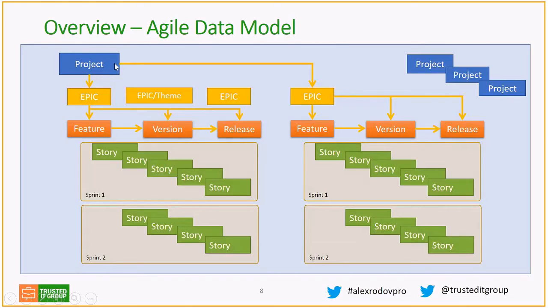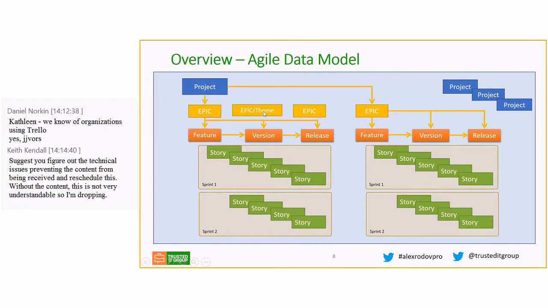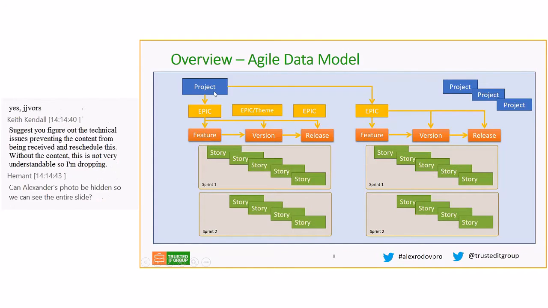Arguably, you may say it may not start with the project. Sometimes it starts with a theme or epic. So I would agree that these first two levels may actually flip. You may have an epic first and then the project, or you may have a theme first, then the epic, and then the project. Basically, there's no standard nomenclature of how you would structure these levels.